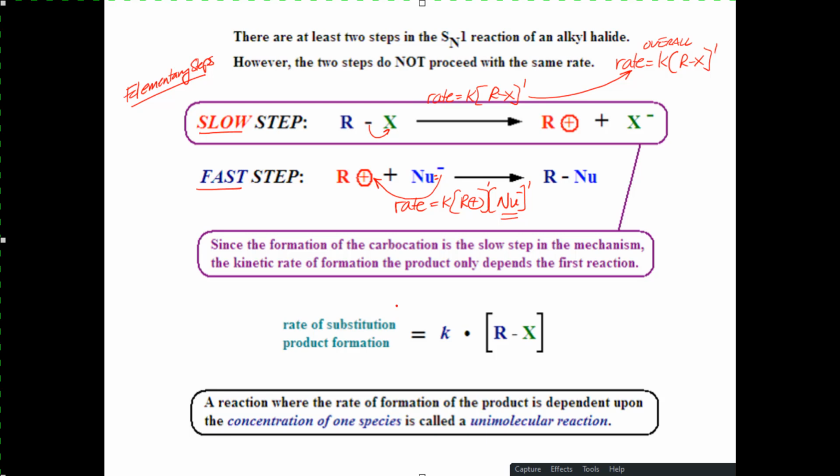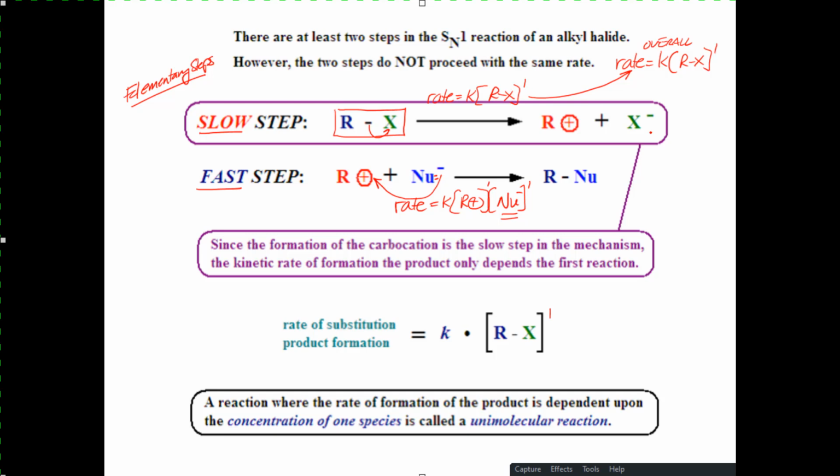So that's why we get the rate equation to be only the alkyl halide to the first power, because the slow step only has the alkyl halide as its only molecule in the reaction, so it's unimolecular.